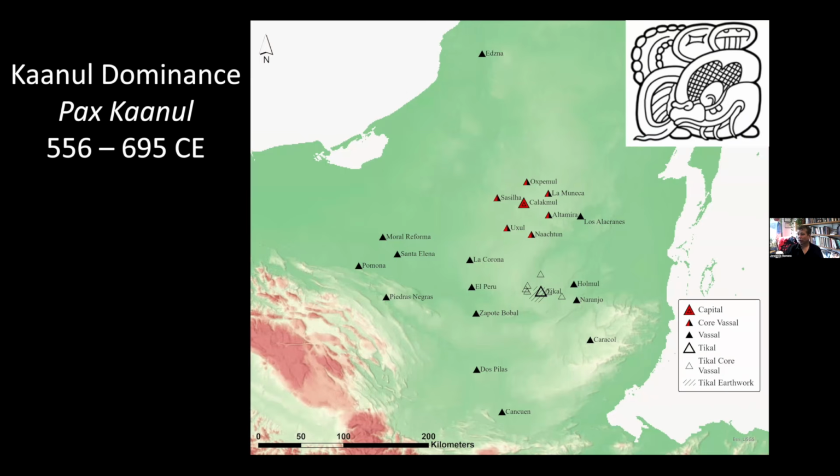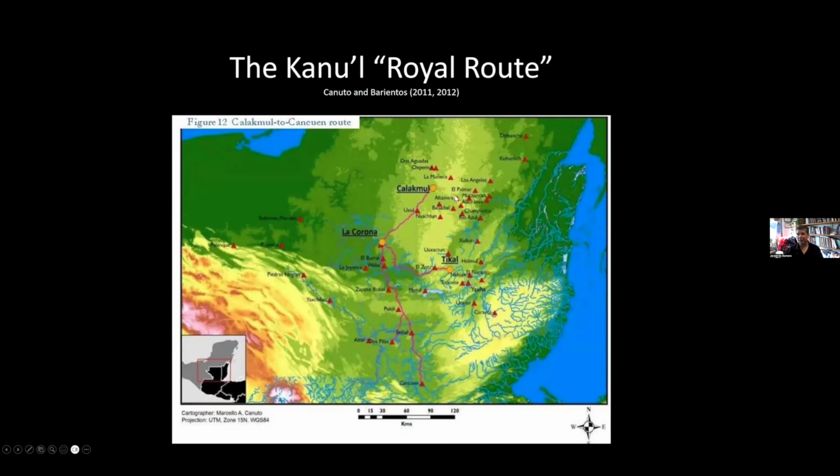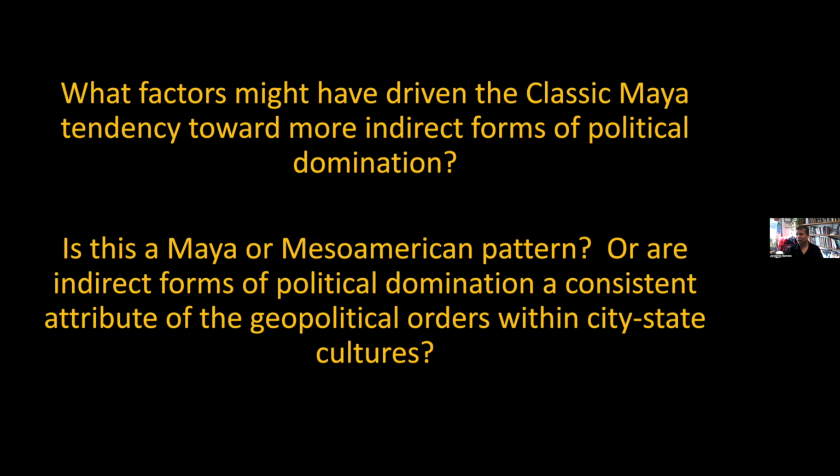So we have control of trade routes and access to communication and the routes that were used to move goods and ideas and people, but also buffering enemies, or surrounding enemies, with vassals as a means of political control.